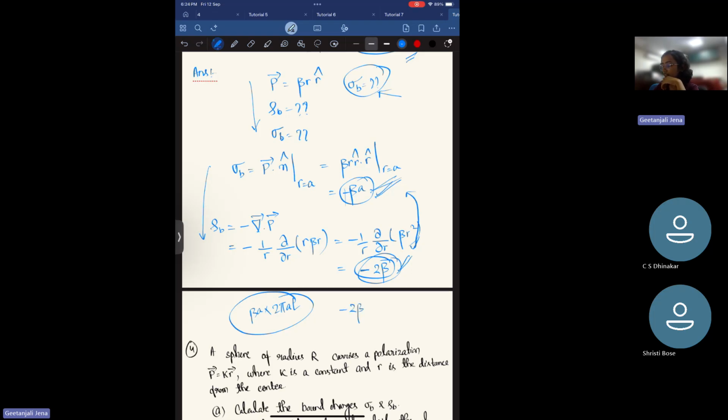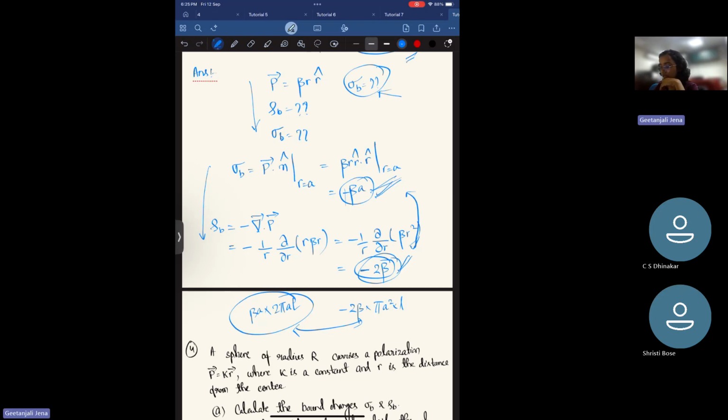So 2 beta, and the total volume would be pi a square L. You can see these two are equal, so the total charge should cancel, but it doesn't mean the charge densities should be equal.